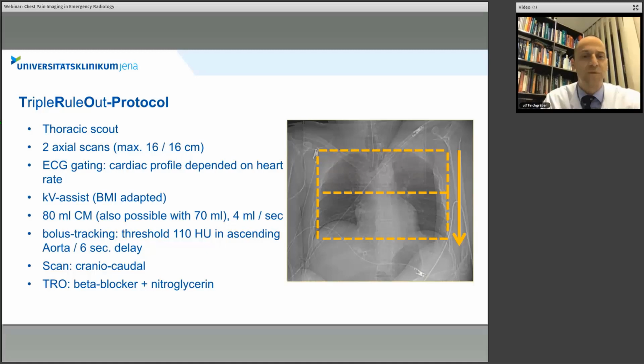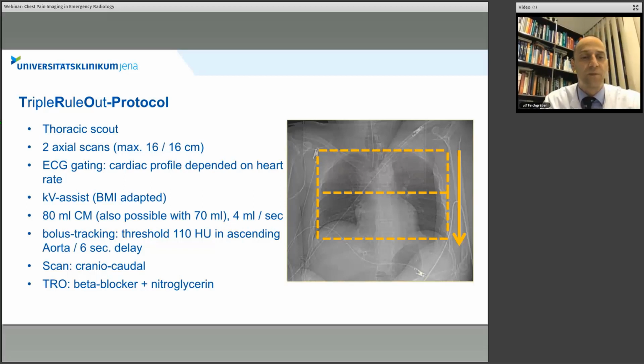And here we go for a little bit higher volume of contrast, 70 milliliters with 4 milliliters per second as speed, to get a good contrast of all our pulmonary arteries and also a runoff of the aorta in the abdomen if necessary.